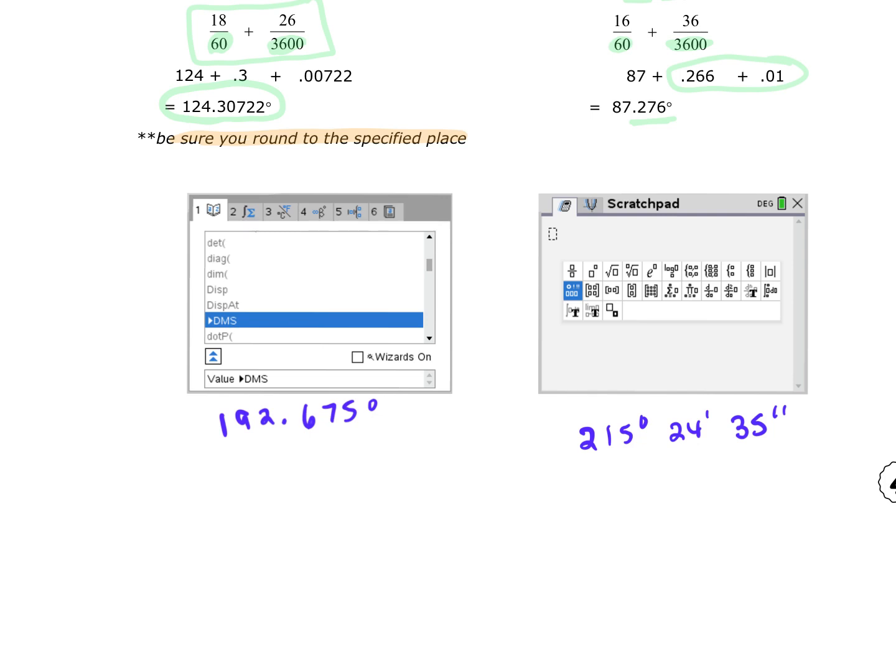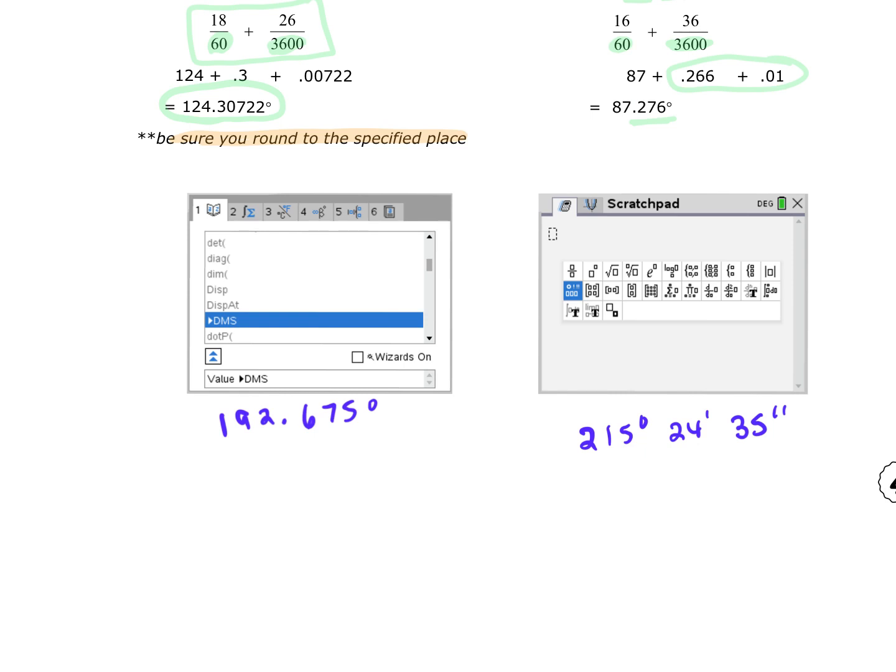All right. And then type in that 192.675. Okay, and then you're looking for, it's called the catalog key, but it looks like the book. So it's right underneath the delete or clear key. So hit the book.